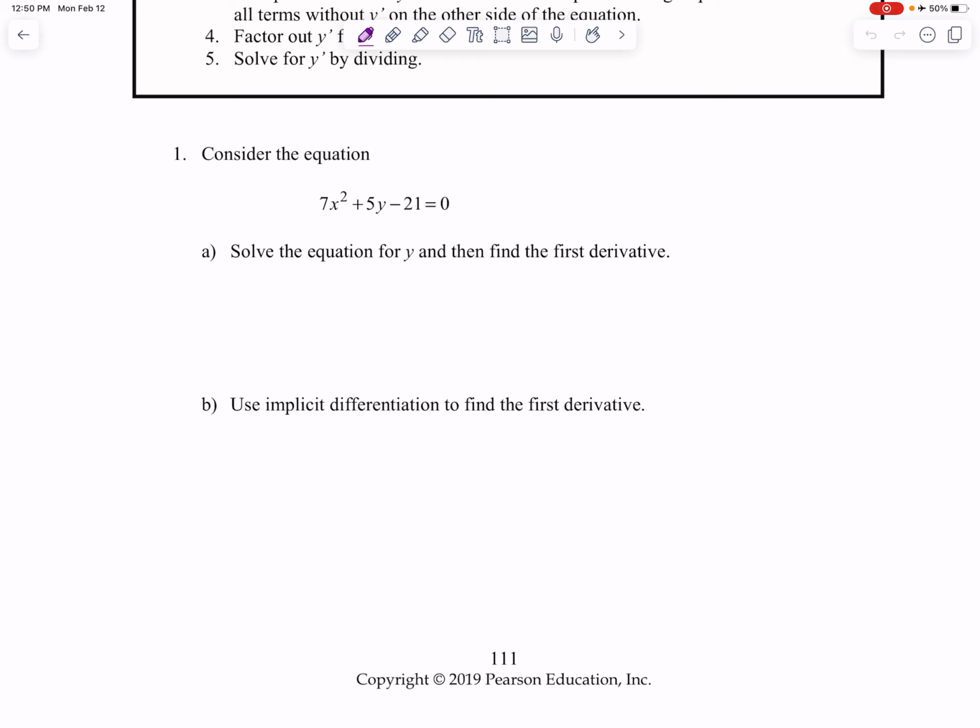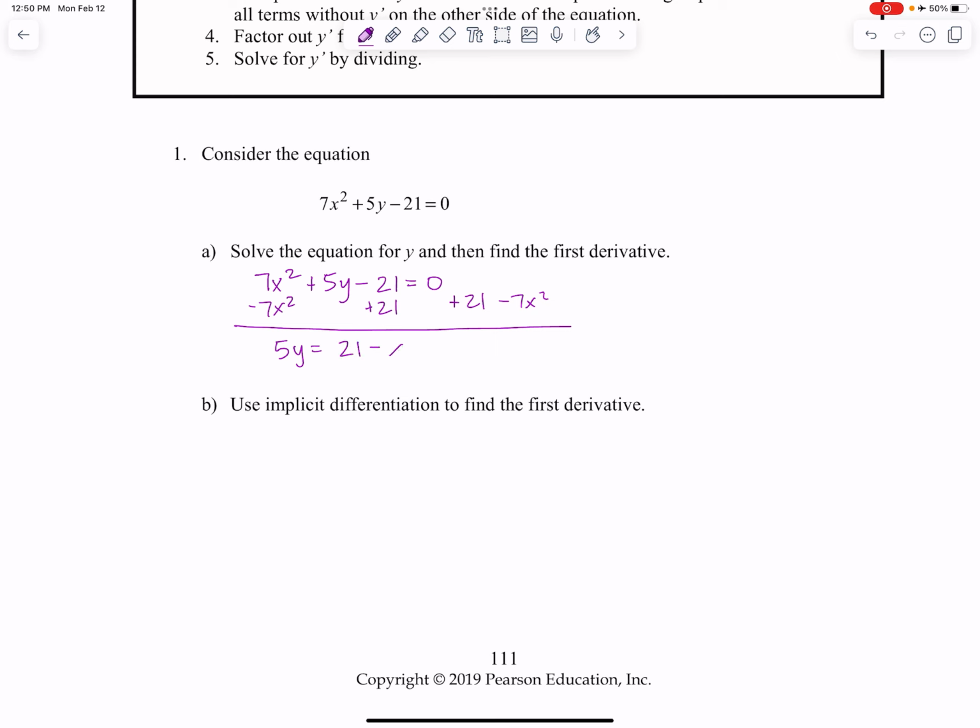So if I take the equation 7x squared plus 5y minus 21 equals 0, I want to get y alone, so we'll add 21 and subtract 7x squared, and we'll be left with 5y equals 21 minus 7x squared.